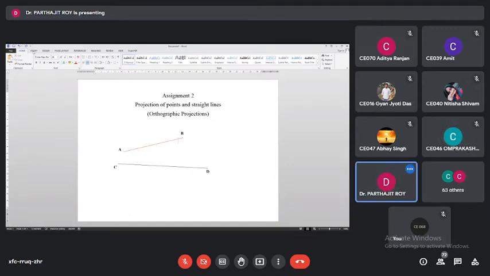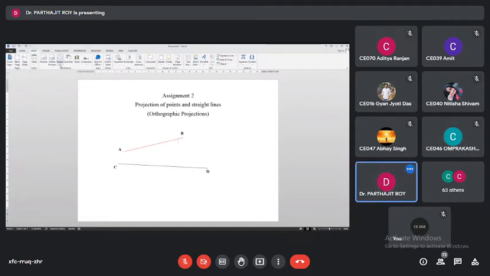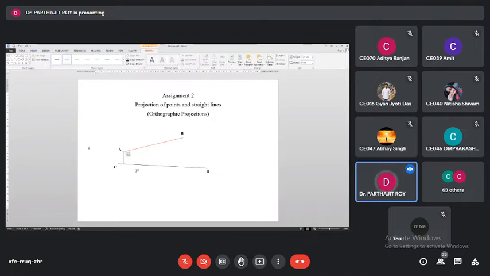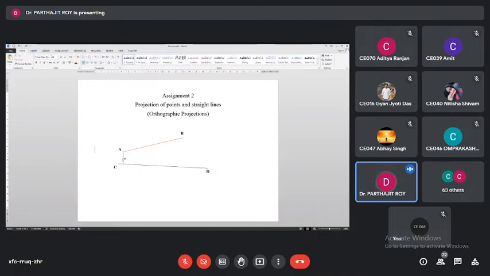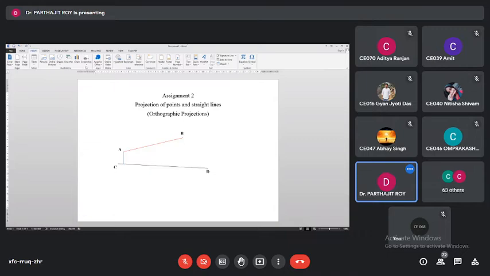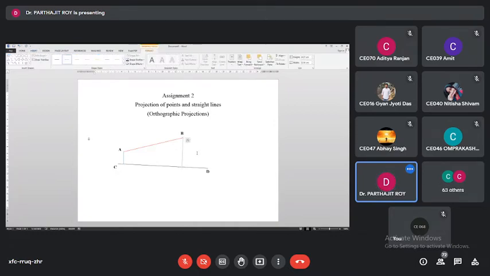Okay. So this is very simple. What we are doing, you are dropping a perpendicular from end A on CD. Similarly, a perpendicular is also drawn from end B on CD.